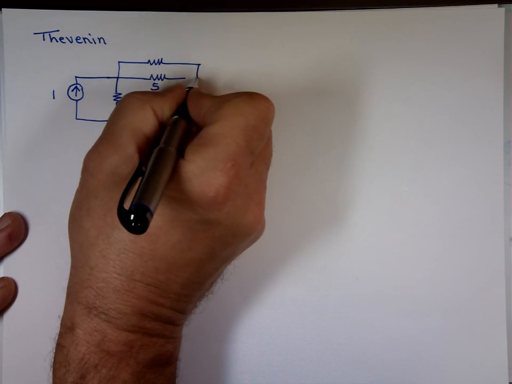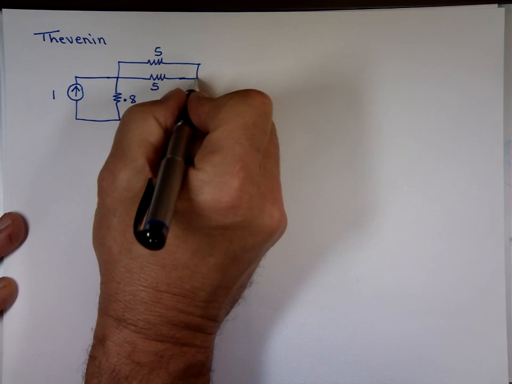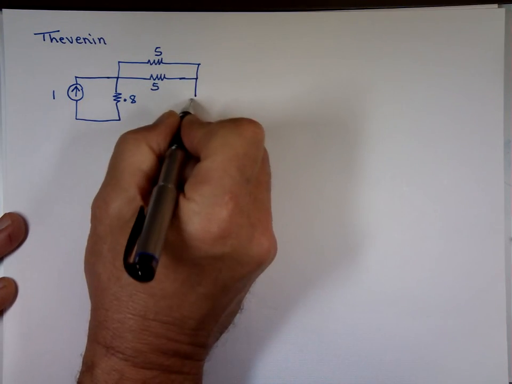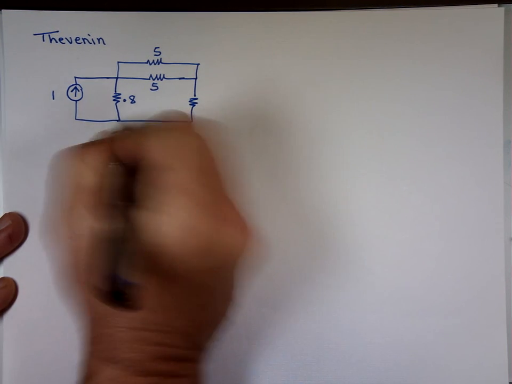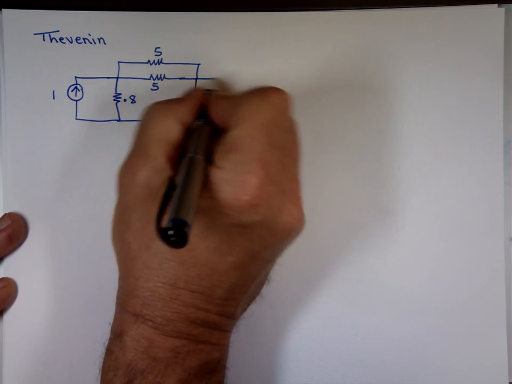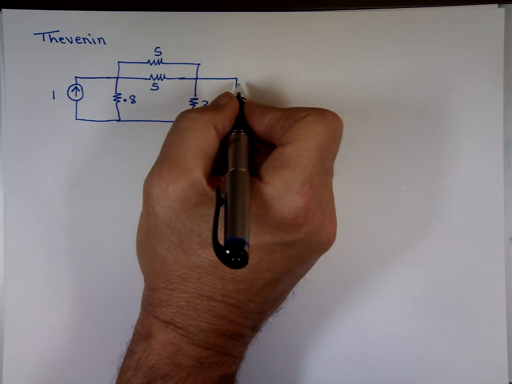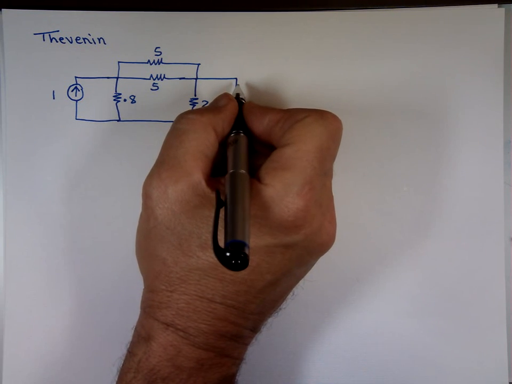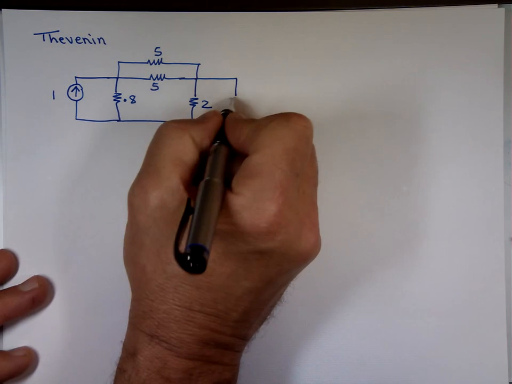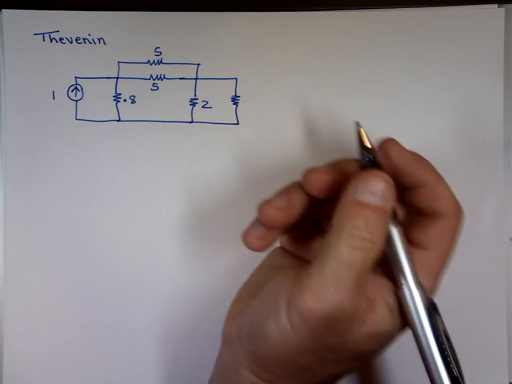Another 5 ohm on the top. 2 ohm. And let's pick a value for R sub L. What do you want to use for a resistor here? Pick a number. 10? Okay.